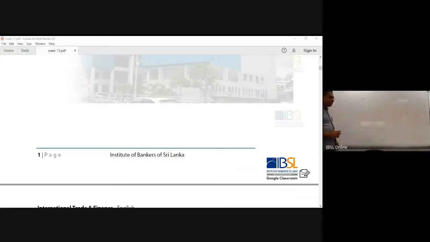In a documentary credit cycle, the buyer is known as the applicant and the seller is the beneficiary. Seller or the exporter is termed as the beneficiary, and the buyer or the importer is known as the applicant in case of a documentary credit. Right.